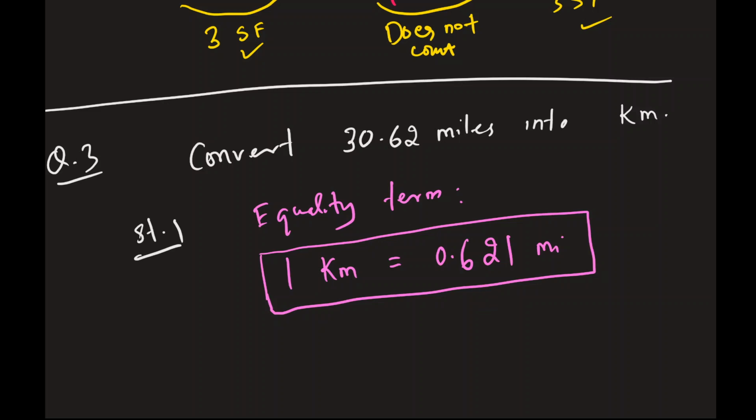So this number here is going to be a measured number, because somebody measured exactly how many miles are in 1 kilometer. So this is the measured number.